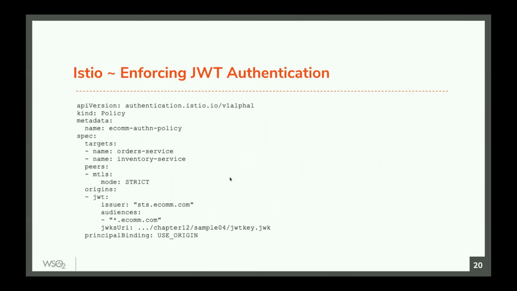Okay, so this is a way of enforcing JWT authentication for your microservices with Istio, right? So you can define a policy and say you use JWT authentication, and you can specify the issuer and also the audience, and also here the JWKS URI, so this points to your public key or the JWT key, right?